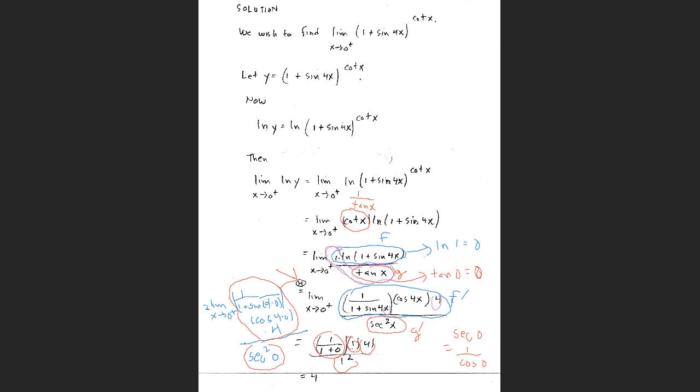The derivative of the cotangent of x is not involved in this problem. All right, very good. So we end up getting 4.